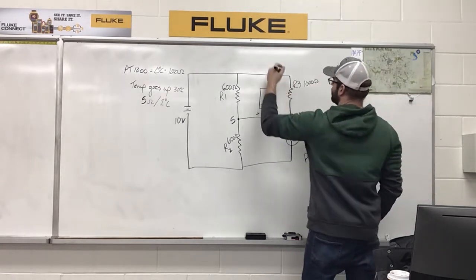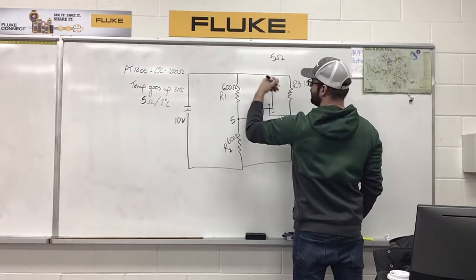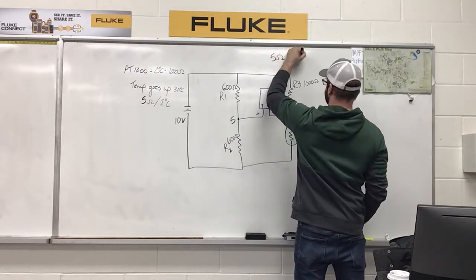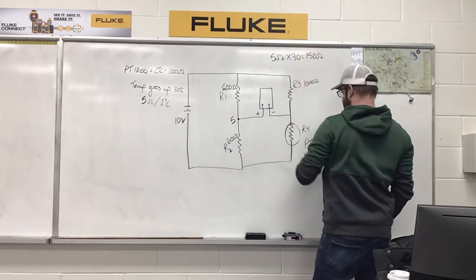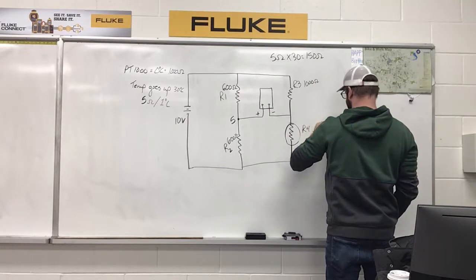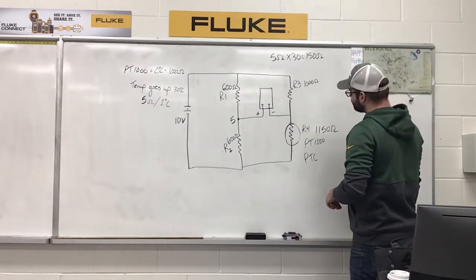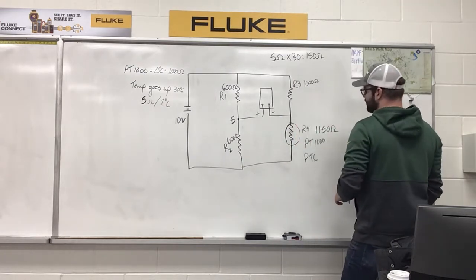We know that we are 5 ohms per every degree. It's going up 30 degrees, so 30 times that. That's going to be 150 ohms. So our PT1000 right now is at 1150, or 1.15 k-ohm.